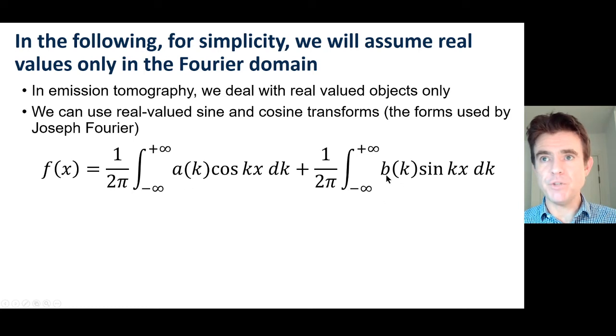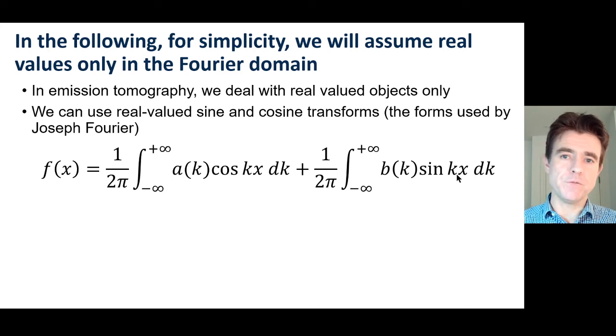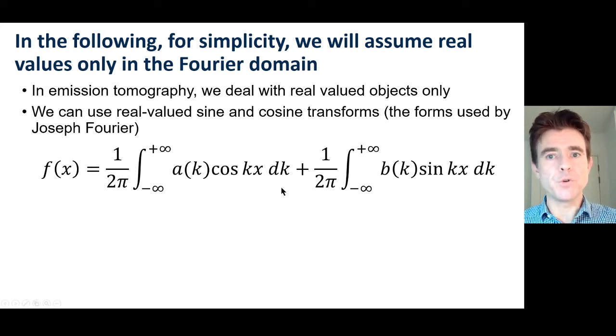And there's basically a unique amplitude A and a unique amplitude B for each spatial frequency k. So you can see the spatial frequency k there for the cosine and there for the sine. That's just a very simple summation of all of the spatial frequencies from minus infinity to plus infinity, all added together with different weighting factors to do a Fourier synthesis, which is what we get on the left-hand side here.